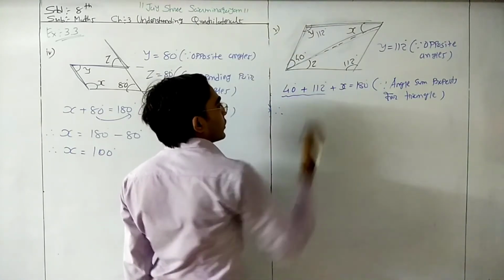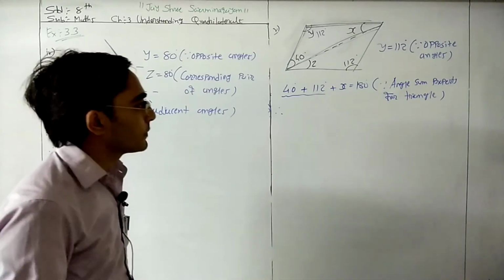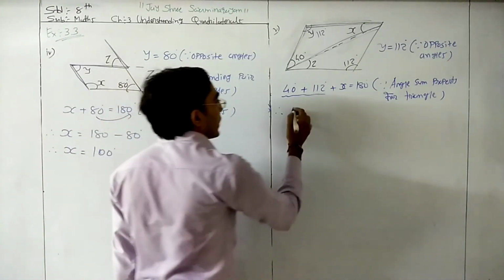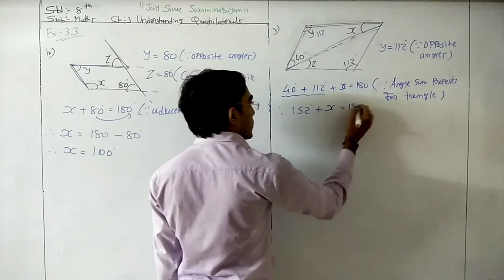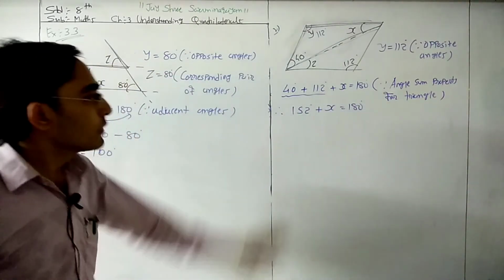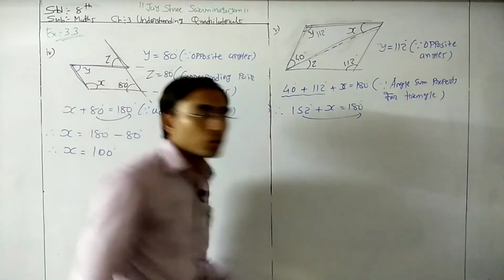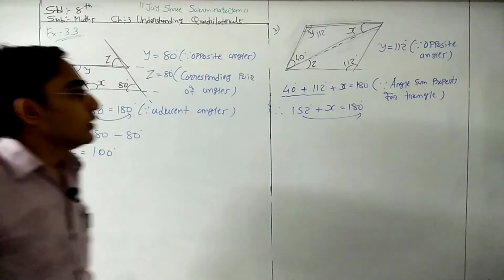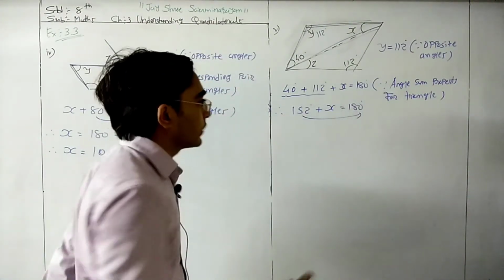First of all, add this two number 112 plus 40. Okay, it's a 152 plus this x is equal to 180 degree. Okay, 40 plus 112, 152. Now transfer this 152 to the right hand side. Okay, transfer this 152 degree to the right hand side, it becomes negative.